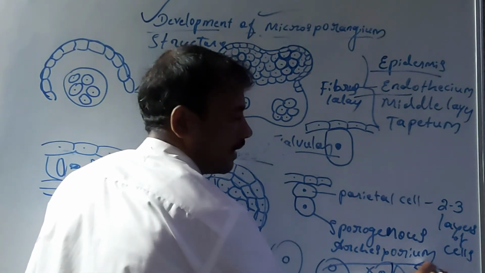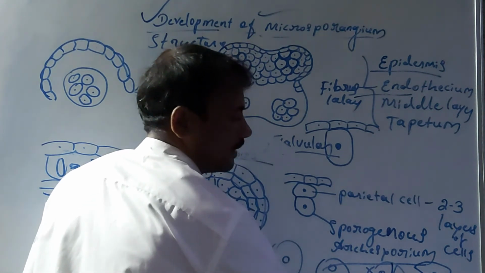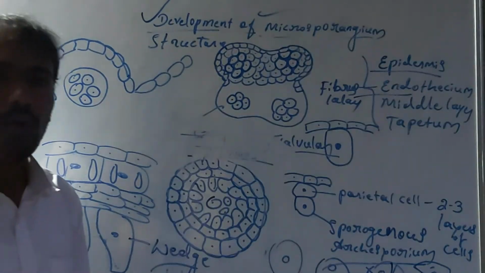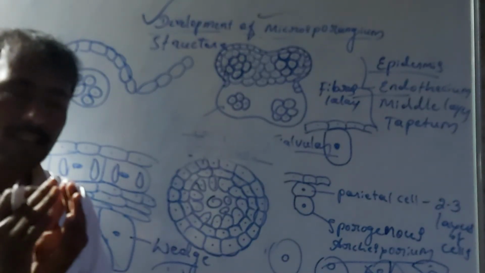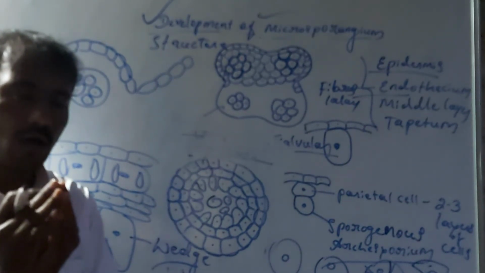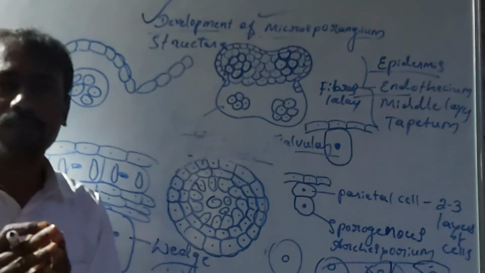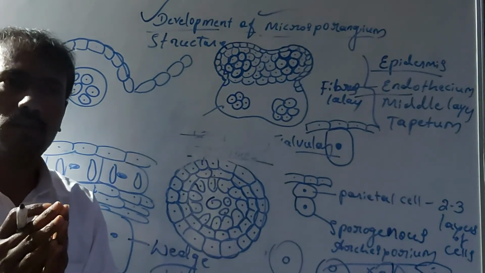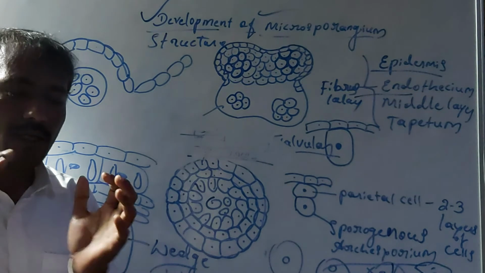One, another, like this. This is nothing but the pollen grain tetrad. From a single sporogenous cell, four pollen grains or microspores will be formed. All of them are haploid in nature. So this is nothing but microsporogenesis.